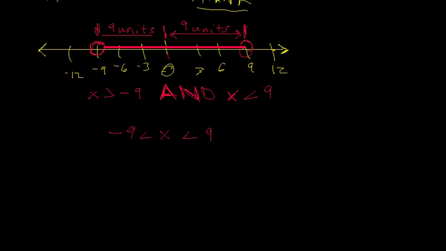Let's look at another one. Let's say that I'm dealing with the inequality the absolute value of x minus 7 is less than negative 3.